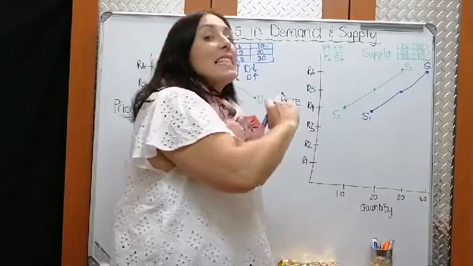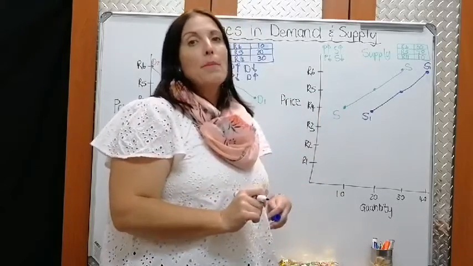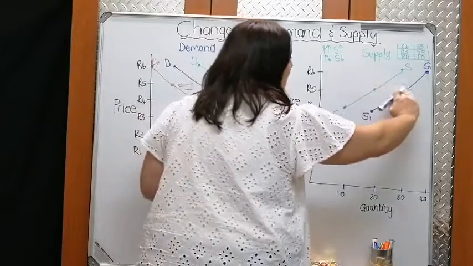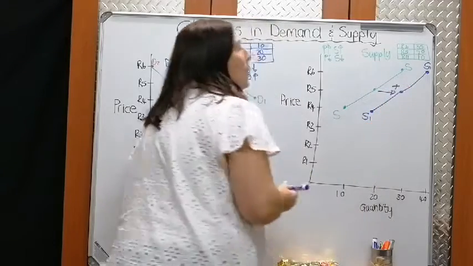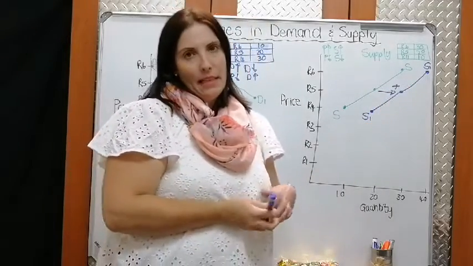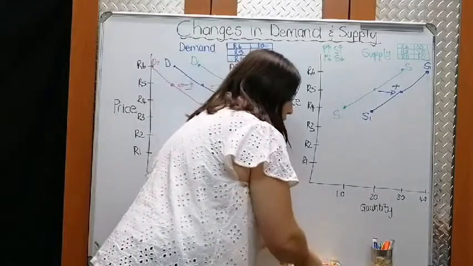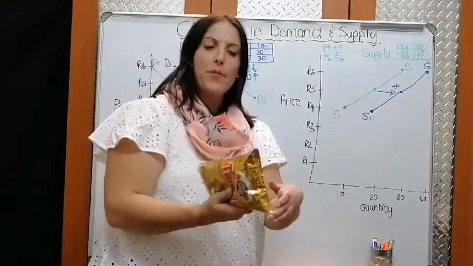Price stayed the same, but the suppliers were prepared to supply more of those items. So once again, if the supply curve moves to the right, it means that there will be an increase in supply.